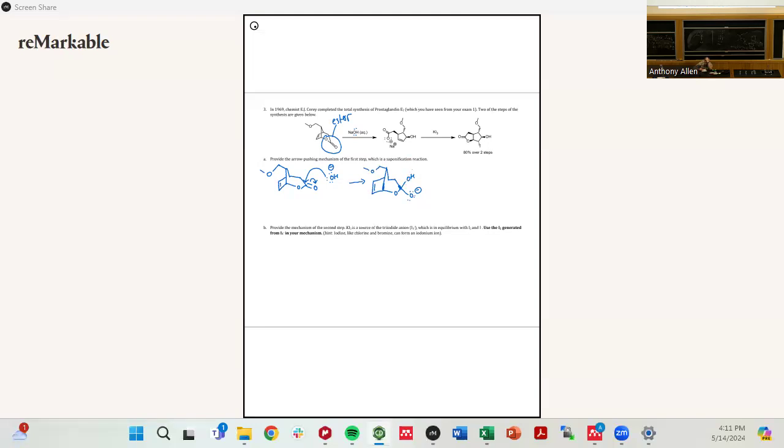Okay, this is an acyl transfer mechanism. So what happens next? This is the tetrahedral intermediate. We need to reform a what? Not an aromatic. Double bond. And kick out a what? Leaving group.